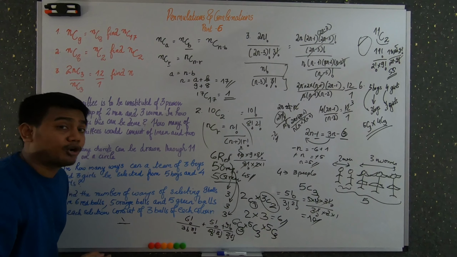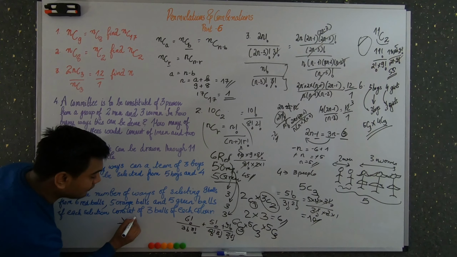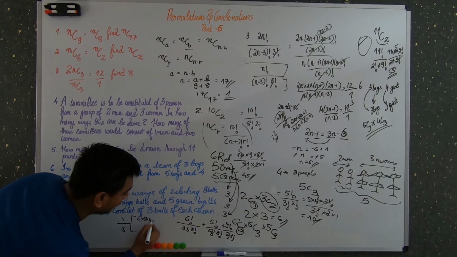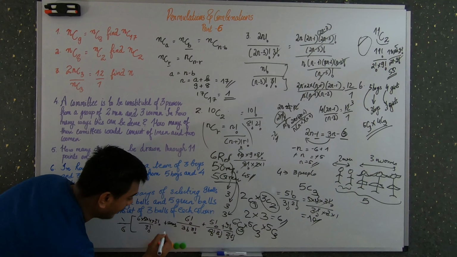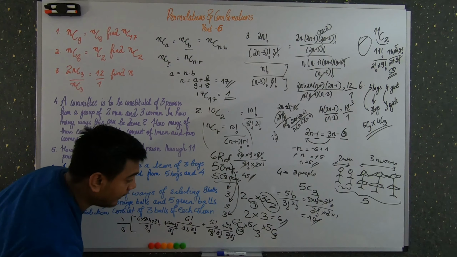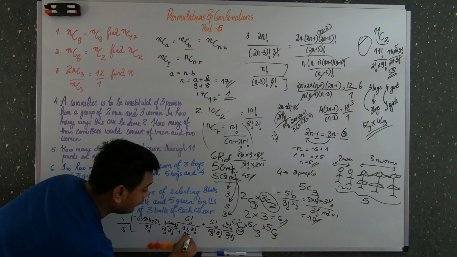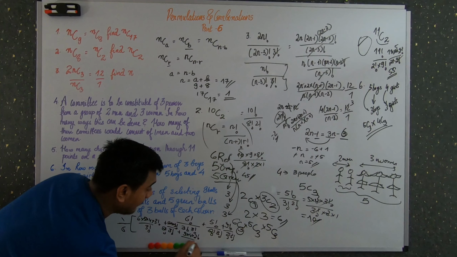Here you can write 6 into 5 into 4 into 3 factorial by 3 factorial. Again here 5 into 4 into 3 factorial by 3 factorial. And 2 factorial is left here. Again here 5 into 4 into 3 factorial by 2 factorial into 3 factorial.